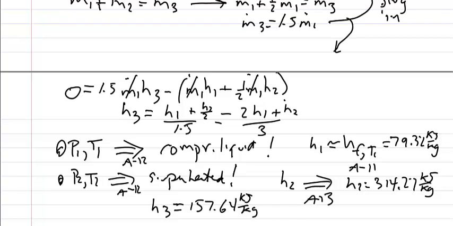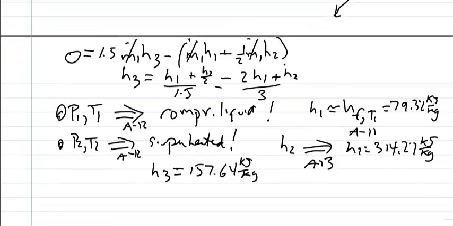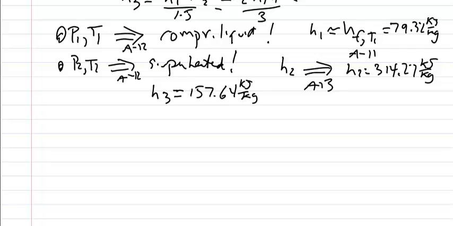So now let's continue. We have the enthalpy at point 3. We also have the pressure at point 3. So at P3 and h3, again, we're going to go into table A12 and see whether this is superheated or compressed or a two-phase mixture. What we're going to find here is that our enthalpy is actually between hf and hg.